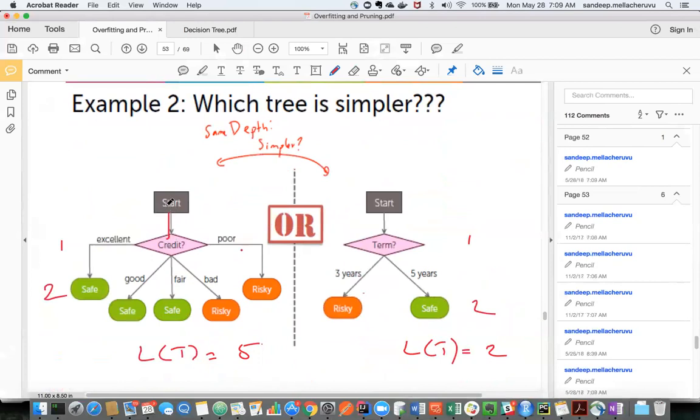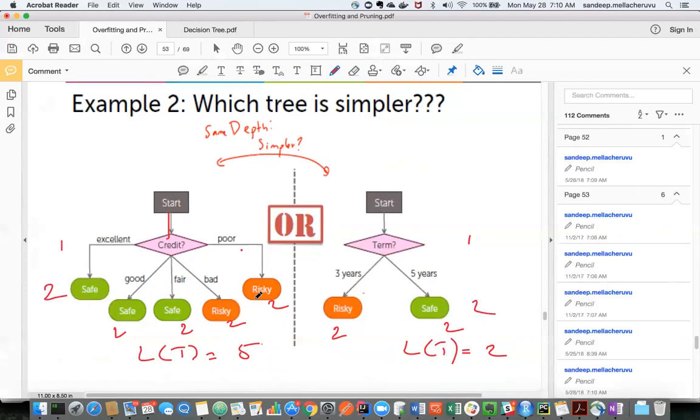Why? From here to here, 1 hop. From here to here, 2 hops. 2 is the depth. For each of these nodes, depth is same. 2, 2, 2, 2. And here also, the depth is 1, 2. Here it is 2. Here it is again 2. So maximum depth here is 2. Maximum depth here is also 2.